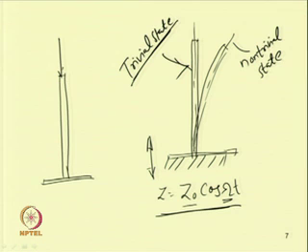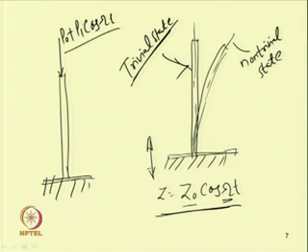If a periodic axial load P0 plus P1 cos omega t is applied, then for some values of P1, omega and P0, the system starts buckling. In static loading, the system buckles if the load is greater than the critical Euler buckling load. But in dynamic loading, even if the amplitude is much less than the critical Euler buckling load, the system starts buckling for some value of P1 and omega.